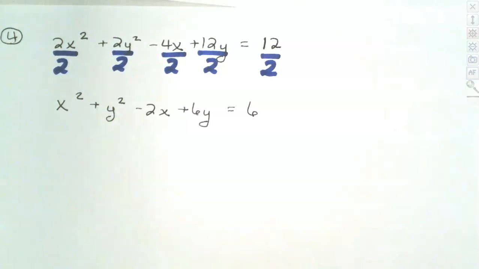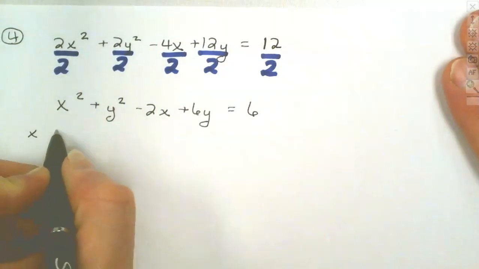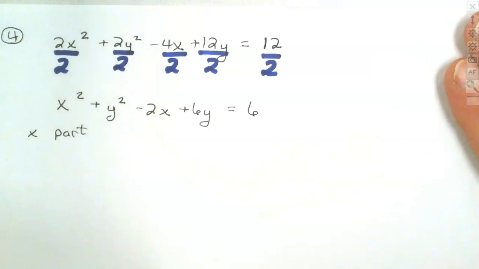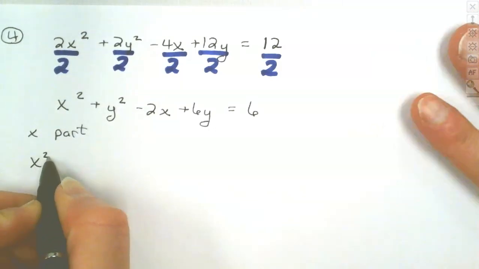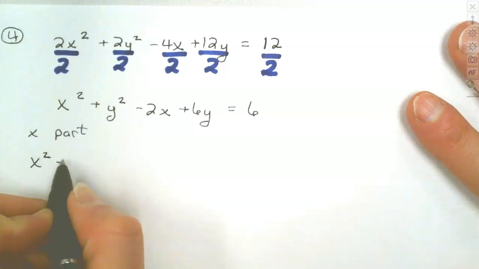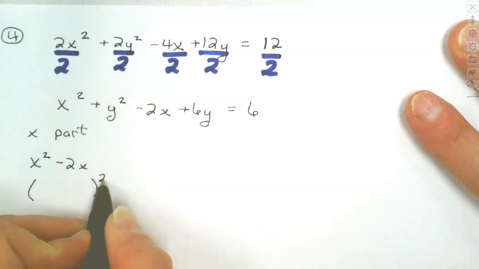Now we're going to repeat the process and work it out the exact same way that we did the previous one. We'll look at the x part first again. And on the x part, we've got x squared minus 2x. So we half and square.